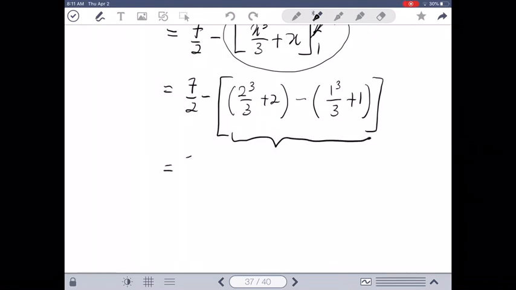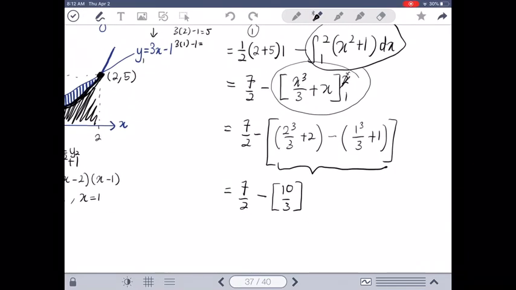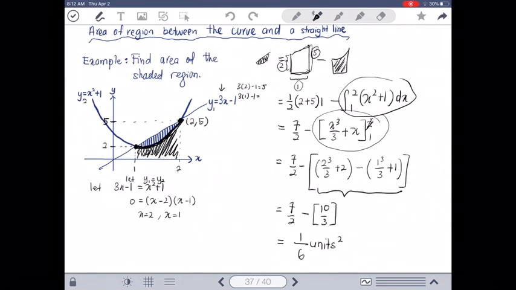So both of these will produce 10 over 3. So we still get the same answer, which is 1 over 6 units squared.